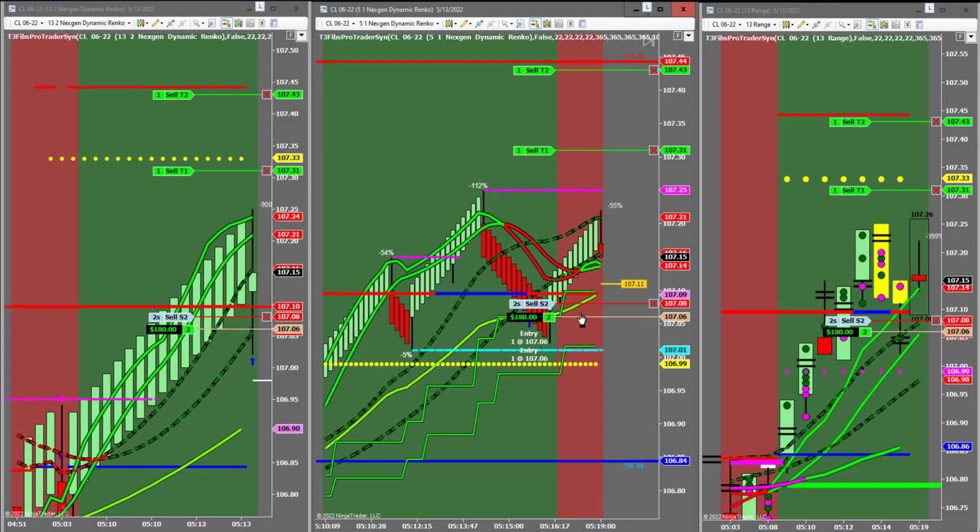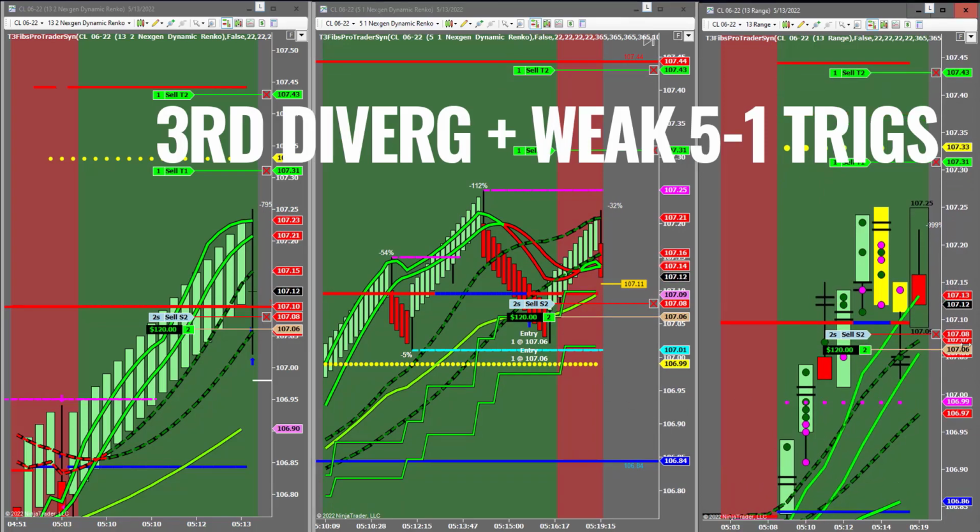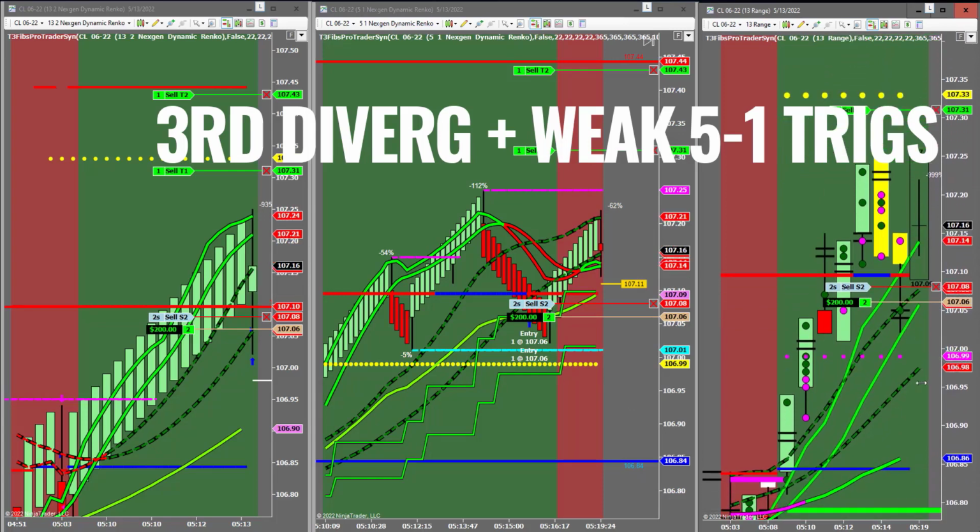So again, with the triggers getting weaker and a potential third divergence on the 5-1 chart, especially with the third divergence being lower than the second, that is going to end up taking us down quite a bit further.